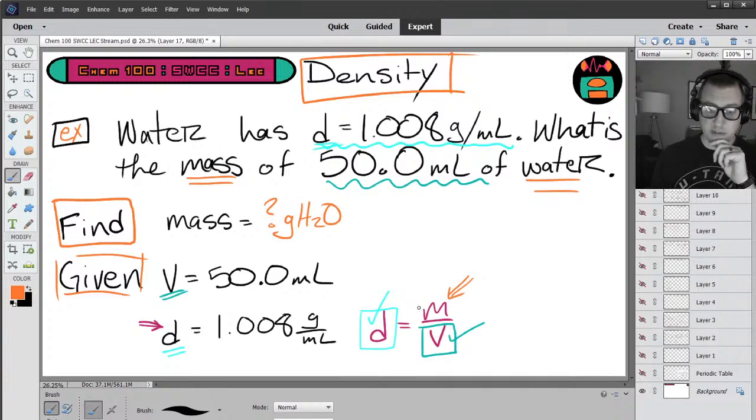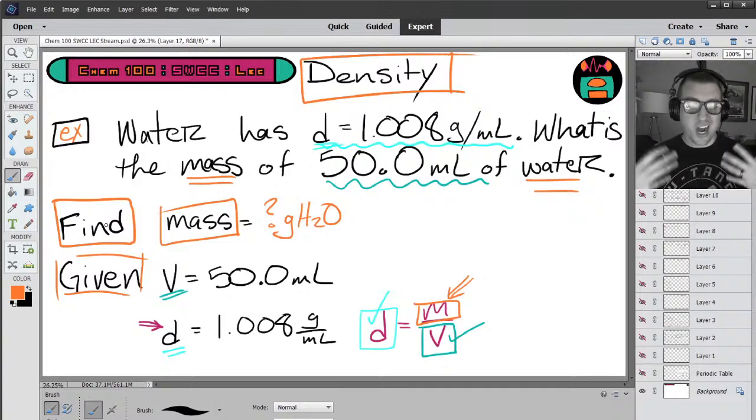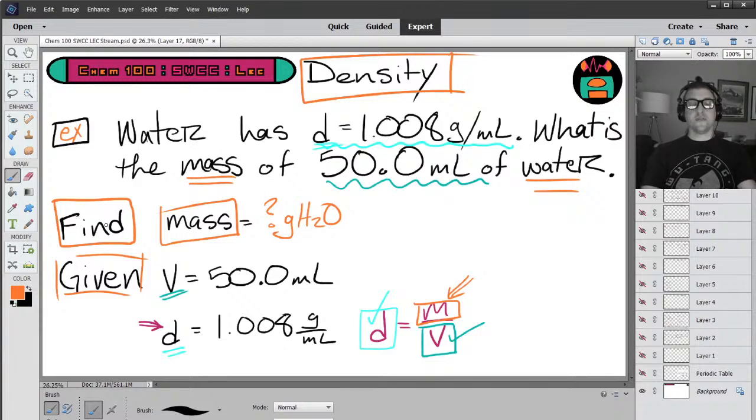It lets us find mass, the mass of water, and look at that. That's what we're being asked for. When you write out the algebraic expression for a given quantity, that equation often becomes the roadmap you follow to solving the rest of the problem. So write it out every time. It will pay dividends in gold.